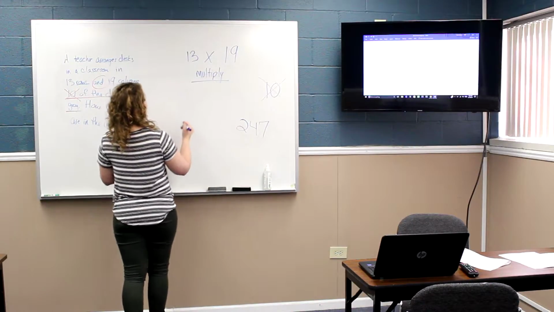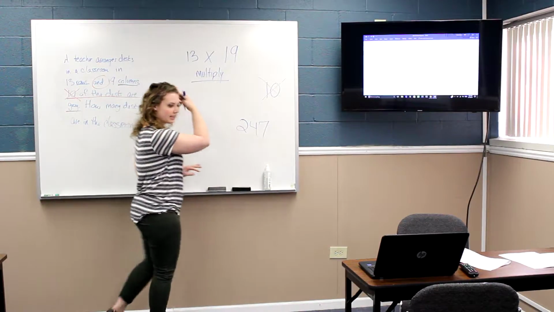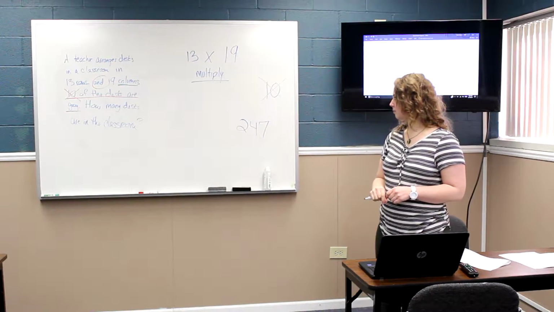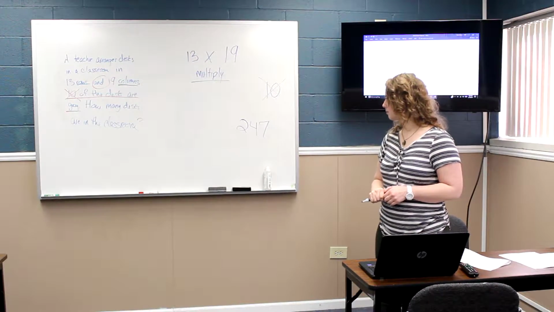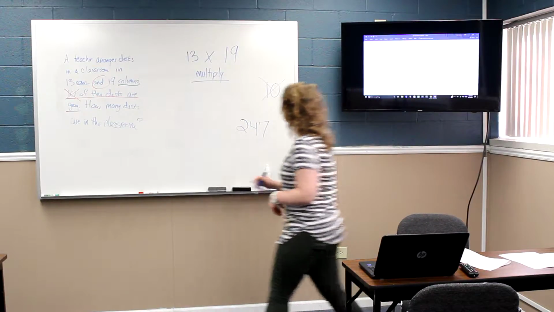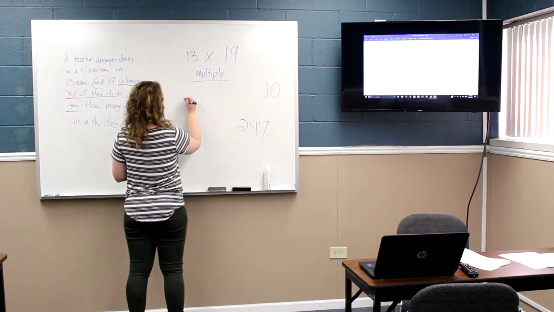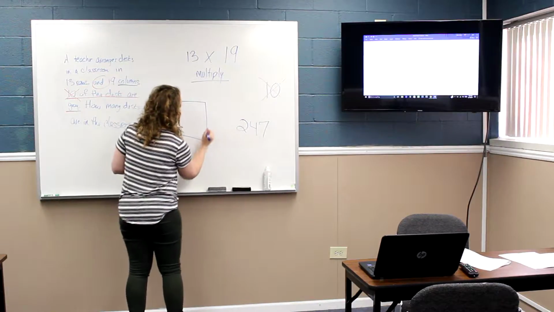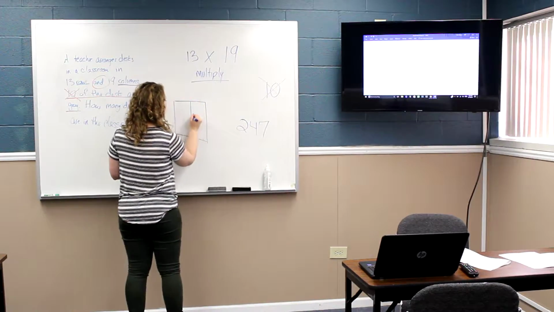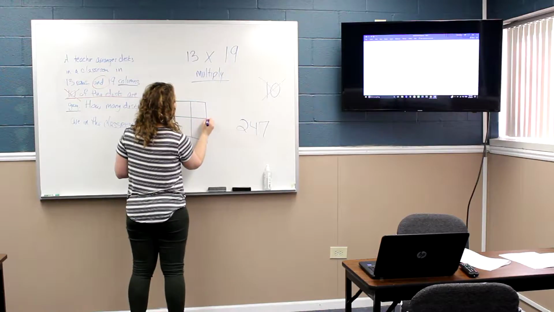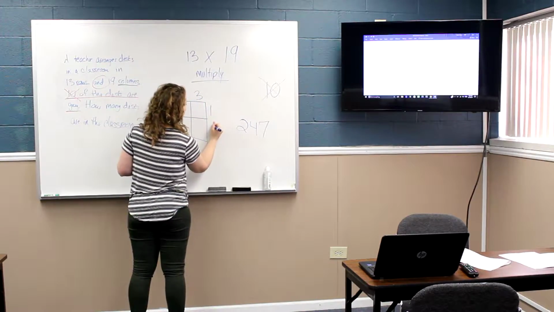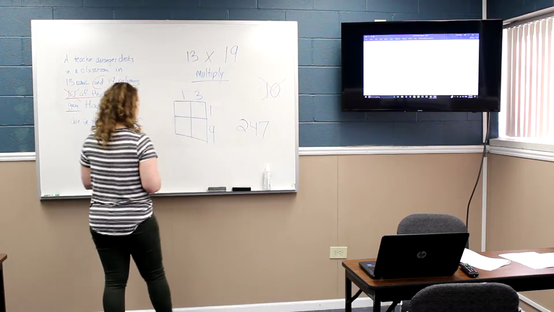All right, how do we set up our lattice squares? Good. So we have this guy. So we have 13 times 19.